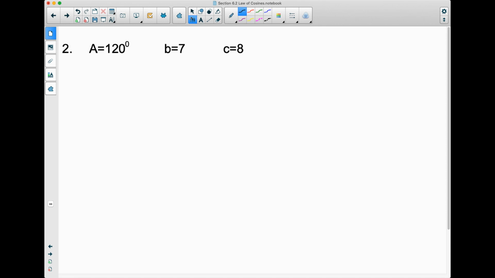Good news is we won't run into the ambiguous case in law of cosines.